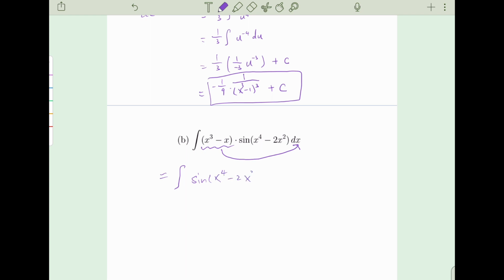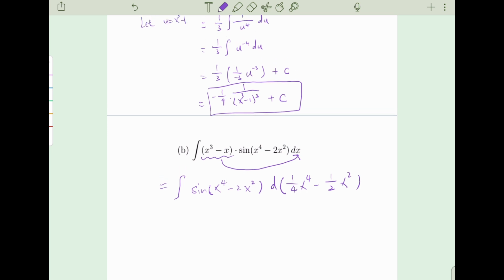Then after going into this differential sign, this x cubed minus x becomes d of x to the 4. Actually it is 1 over 4 x to the 4, right, minus 1 over 2 x squared, right? Now I can factor out the 1 over 4 from the differential sign.